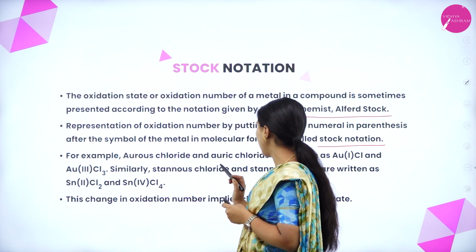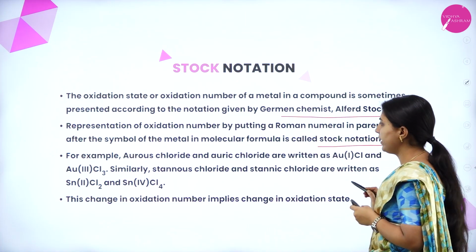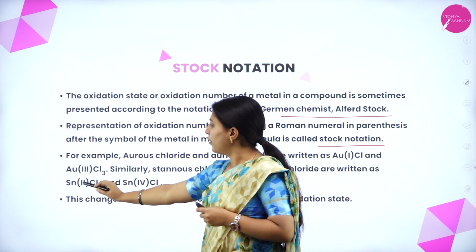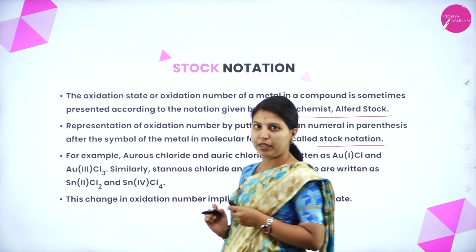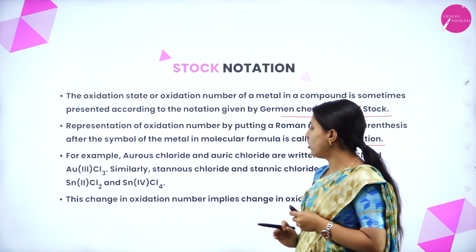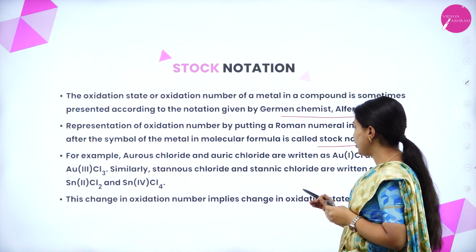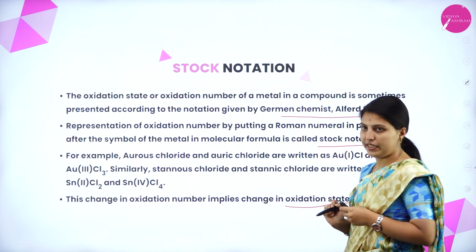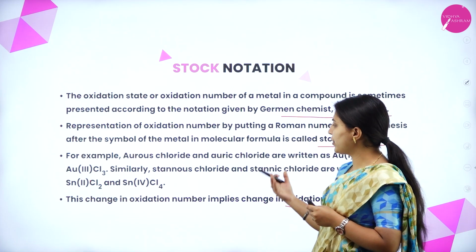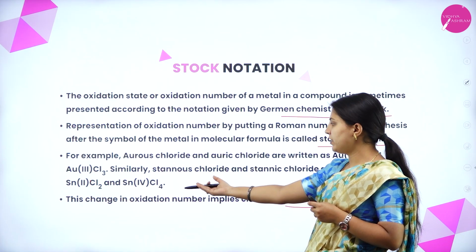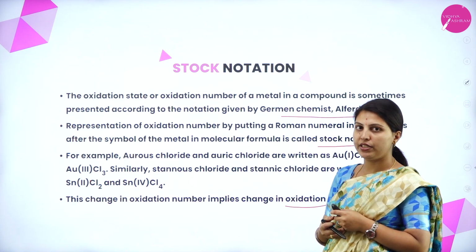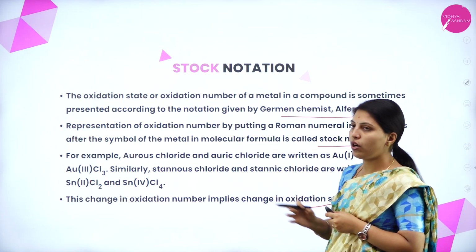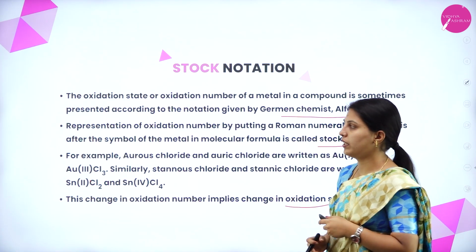Similarly, stannous chloride and stannic chloride are written as, see here, Roman numeral II and Roman numeral IV. This change in oxidation number implies a change in oxidation state. Whenever the oxidation number changes, the oxidation state also changes. This is how Stock notation is represented.